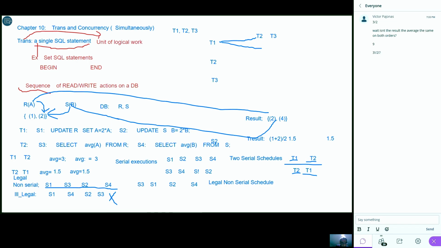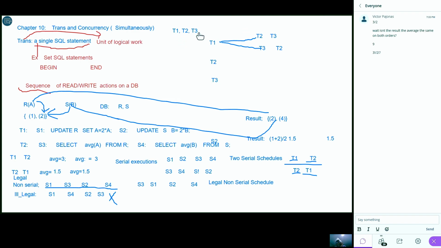Everybody understands? Same thing here. If you have T2, you have T1 and T3, so you could have T2, T1, T3, or T2, T3, T1. Here is 1 and 2, so you have T3, T1, T2, or T3, T2, T1. So there's 6.